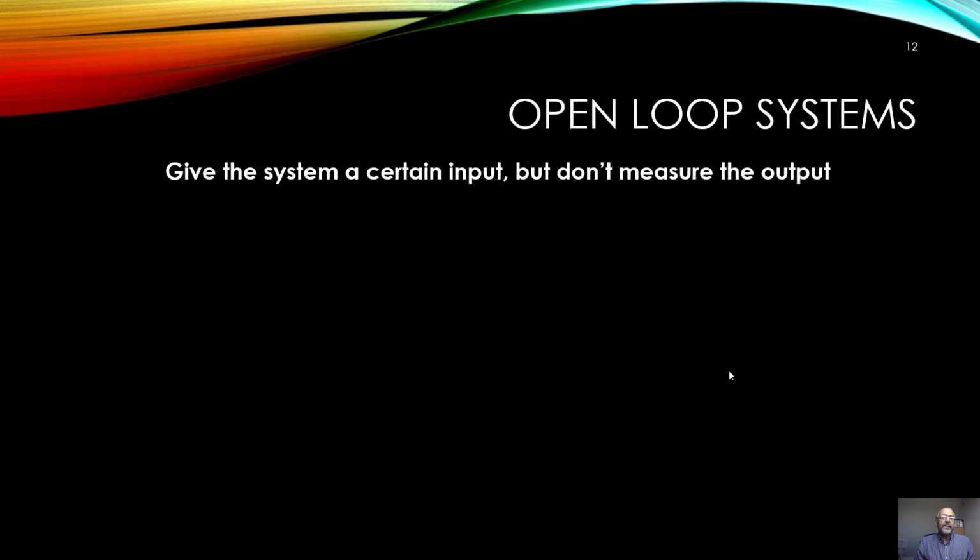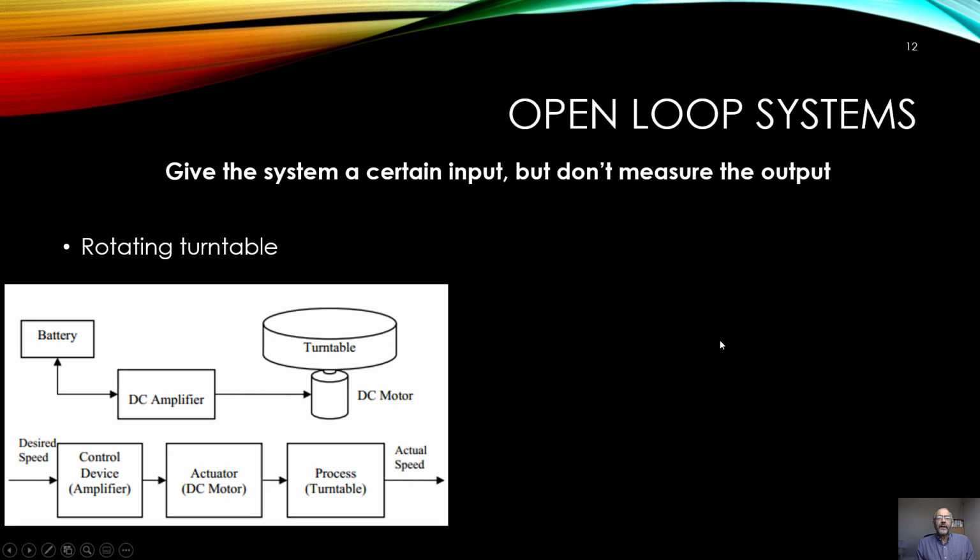If we have an open loop system, then what we do is just give the system a certain input and then hope that it has the output that we expect and that we want. So like here we have a turntable driven by a DC motor.